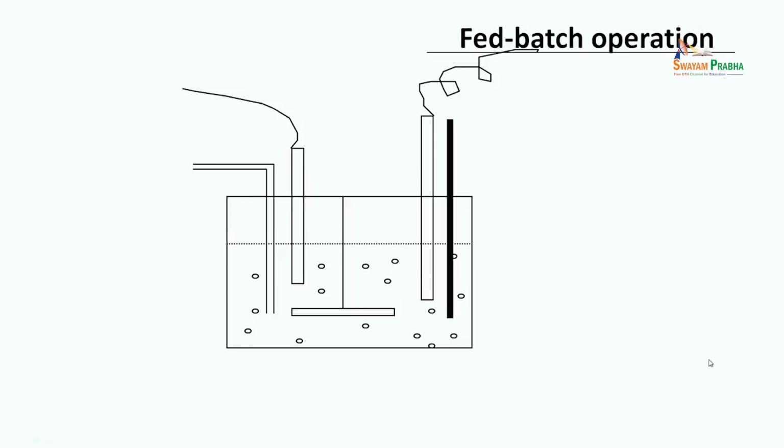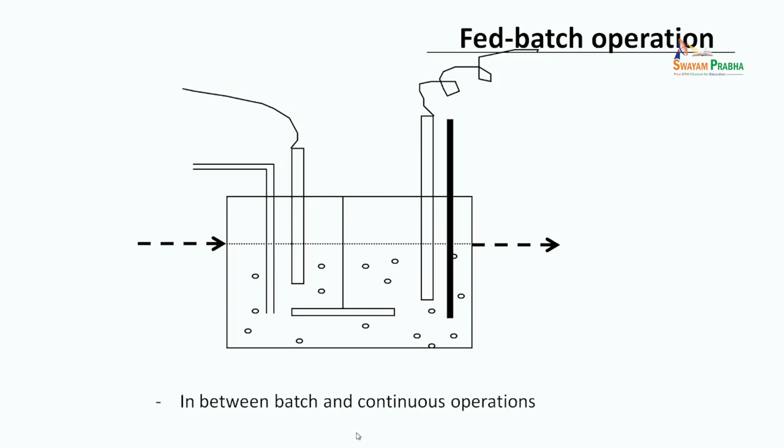Then a fed batch operation, which is in between a batch and a continuous operation, where there could be intermittent input or output, or both intermittent output and intermittent input at the same time.